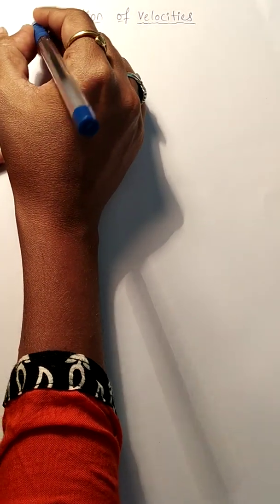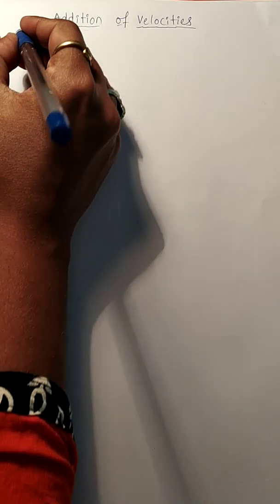You know velocity means what? Velocity is nothing but the rate of change of displacement, isn't it? So the rate of change of displacement is called what? Velocity. And in a formula, how are you going to write it?